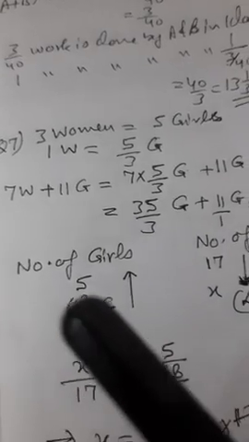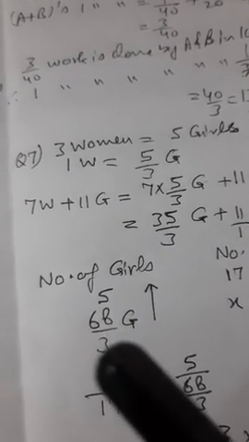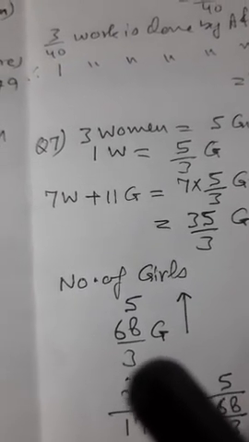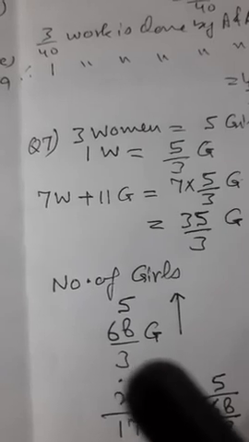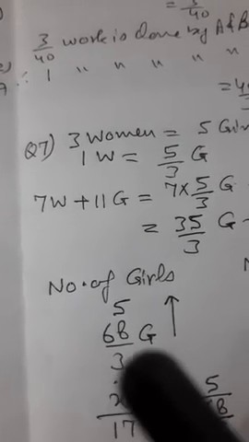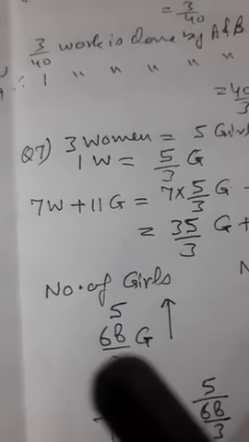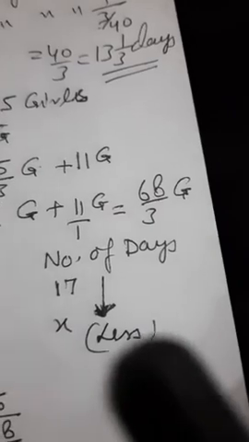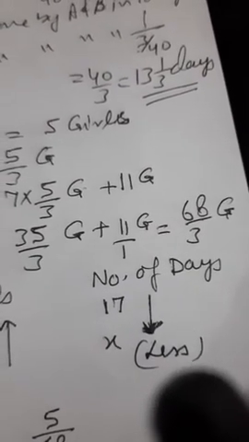Now this number is more than this, so will more girls finish the work in more days or less days? Yes, you're right. If there are more workers, they can finish the work quickly in less number of days. So more girls will finish the work in less number of days. So the arrow is pointing towards less.